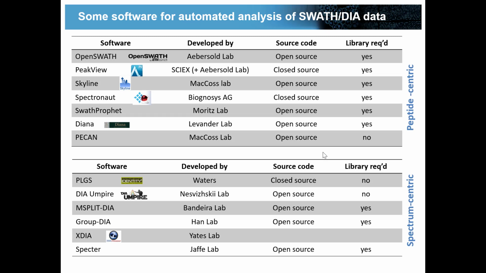We have a mixture of academic software, for example, the pipeline from our group called OpenSwath, which is a good pipeline, but it's not particularly user-friendly. If you're brand new to this, and you don't have computational support, I wouldn't necessarily go down that route because it's a lot of annoying command line. It's good for us because we can automate it, it's scriptable, we can run it on a cluster. It's a very good place to develop new algorithms, you can do fast algorithm development there. So for our purposes, it works very well.